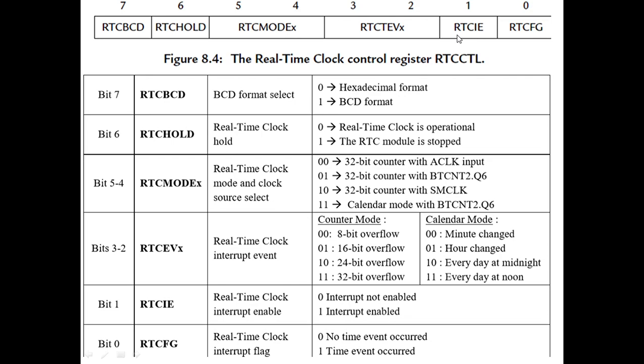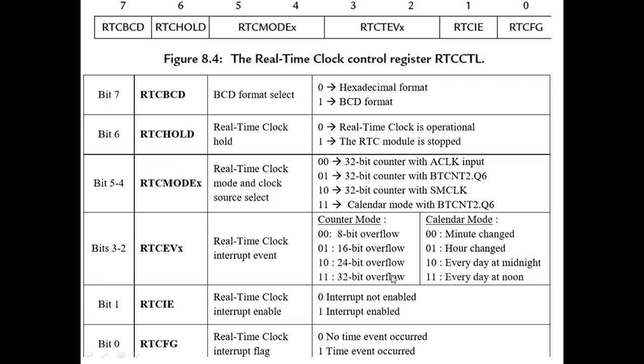If you want to select the type of event in the real-time clock, that will be selected by using these 2 bits. If it is in counter mode, 00 indicates 8-bit overflow, 01 indicates 16-bit overflow, 10 indicates 24-bit overflow, 11 indicates 32-bit overflow.